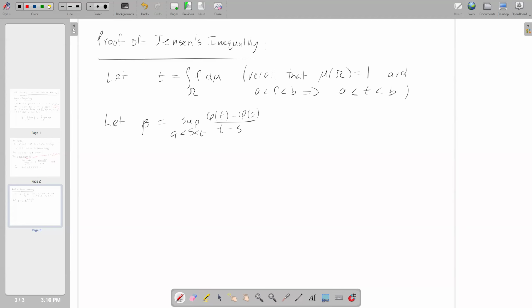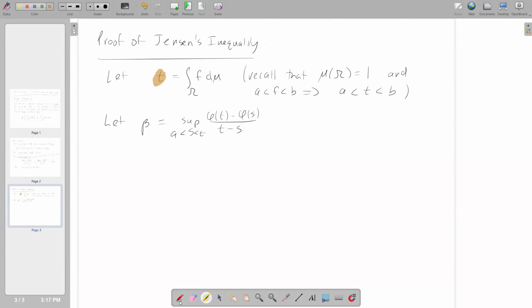Don't forget throughout this proof that t here is fixed. We have specified t, so t is not a variable here. t is sitting still, but s is moving. And I'm taking the supremum of all of these difference quotients over this interval here. So that's the first step.